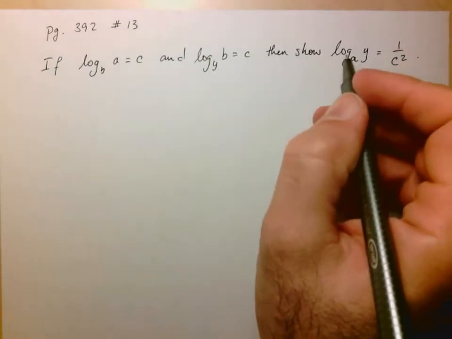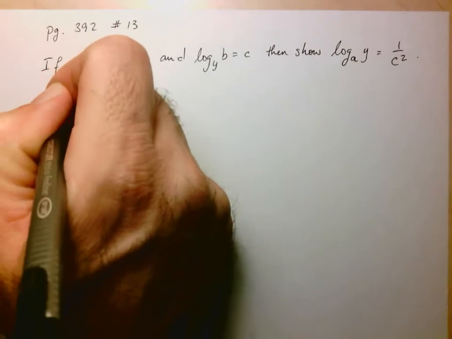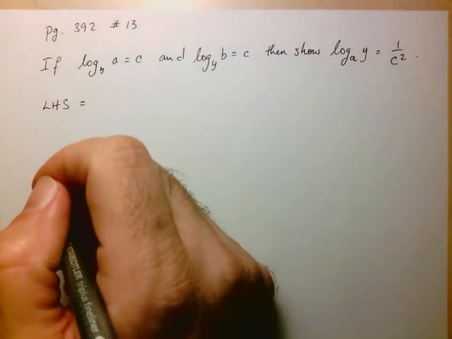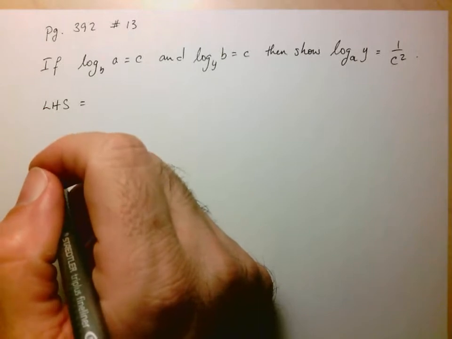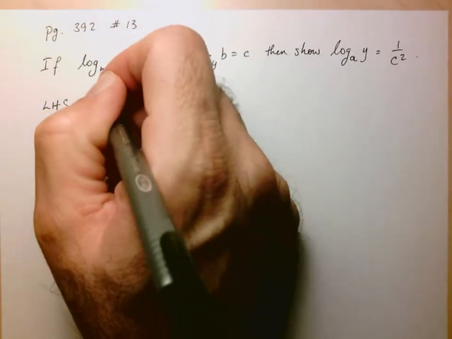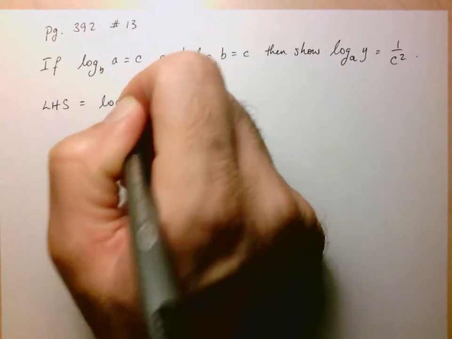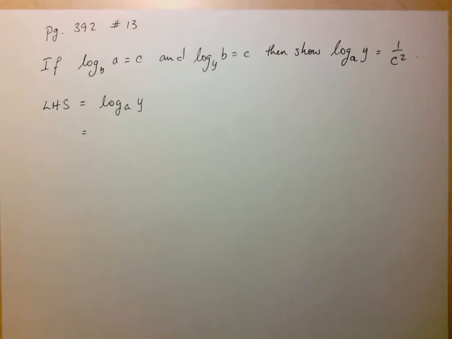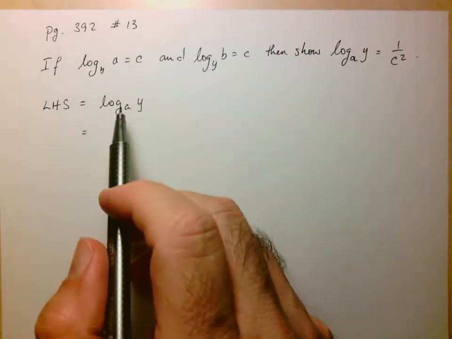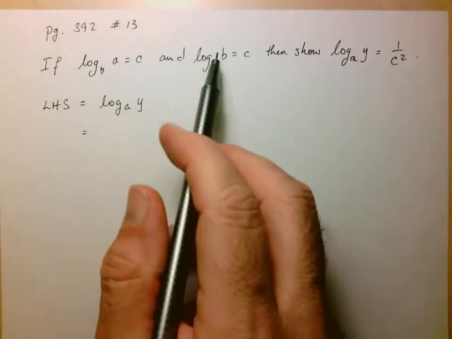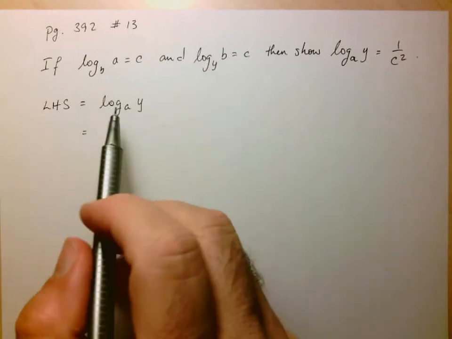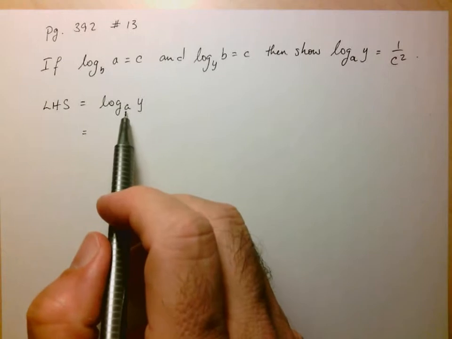So let me start with the left-hand side, as we often do when we're trying to prove some kind of equality: we start with one side and we try to show that it's equal to the other side. So, log base a of y. I need to try to find some connections to these two equations. Here I notice that the a is in the base.